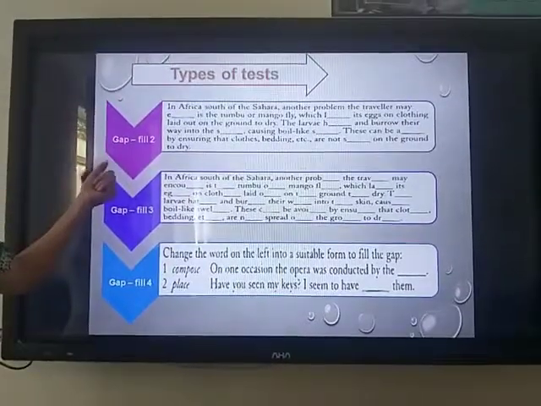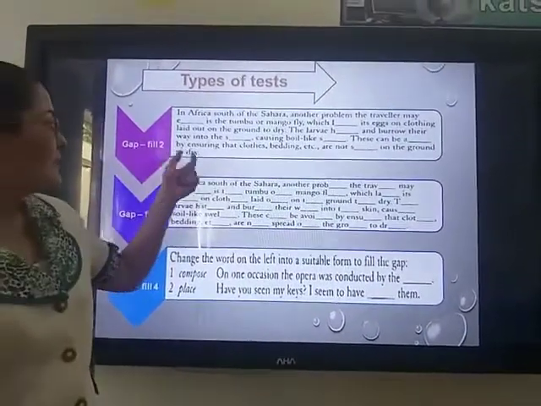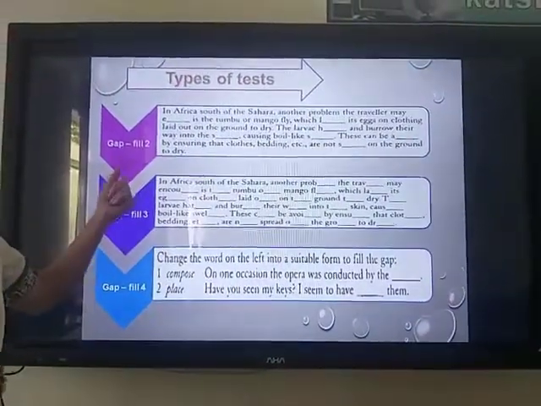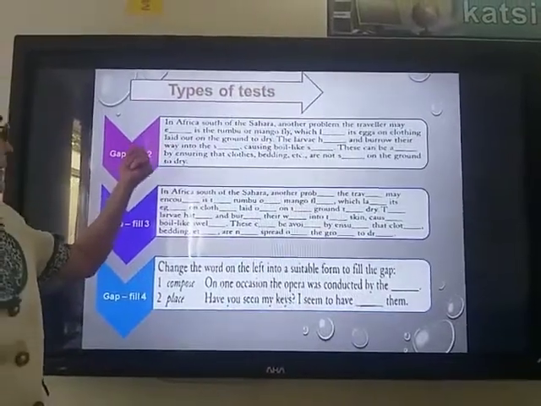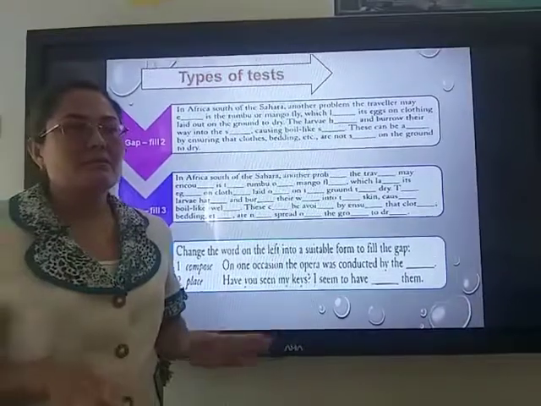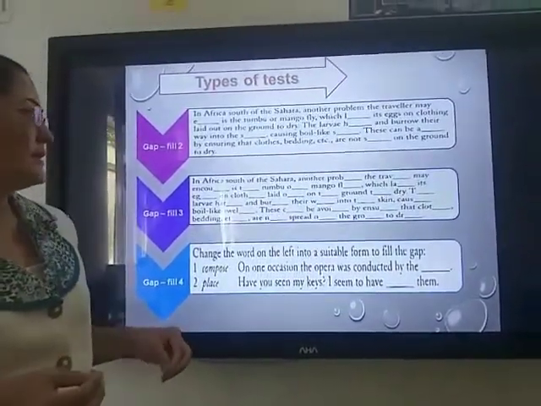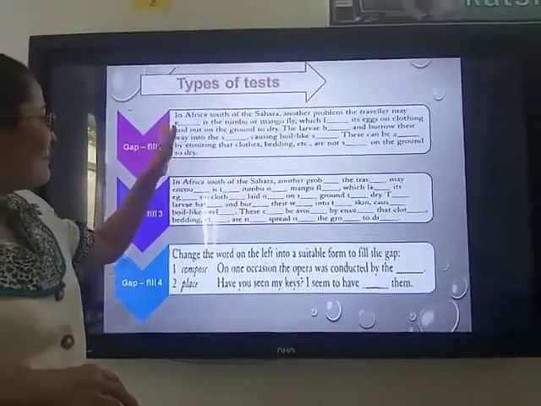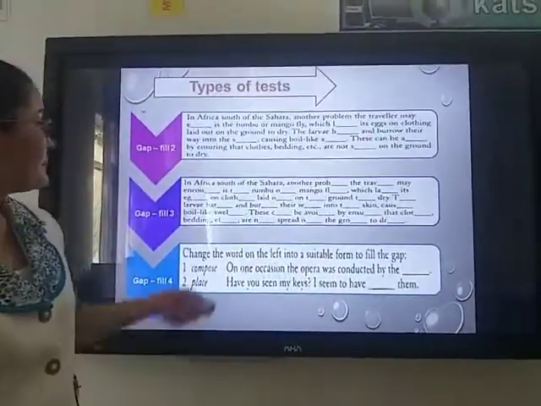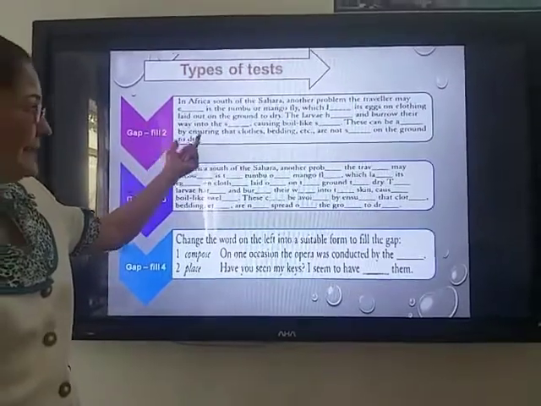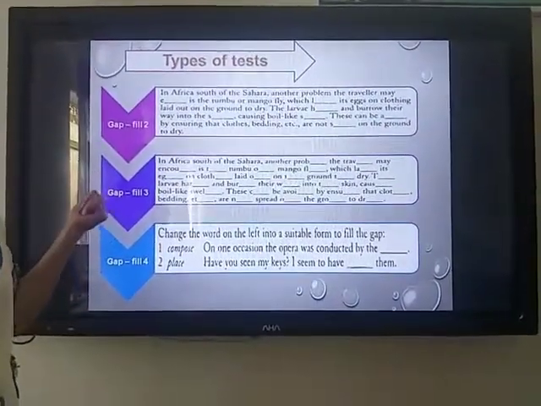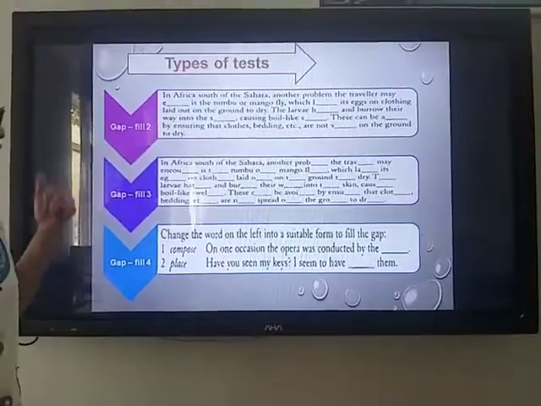As a type of gap filling, we can give the first letter of the word, because if we give only a gap, it will be difficult to score students, because some different words can be chosen by students. But if we give the first letter, they must guess the appropriate word.